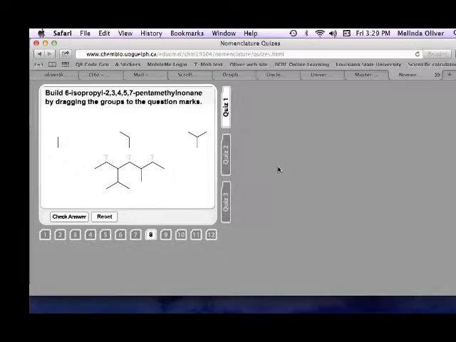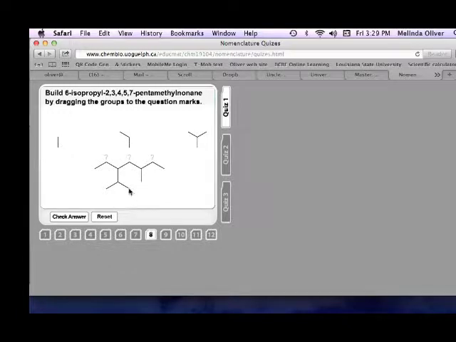All right, here's our next question. We want to build 6-isopropyl 2, 3, 4, 5, 7-pentamethyl nonane. So this one I've had to do a little bit of thinking on. This is one of the problems: we've got 1, 2, 3, 4, 5, 6, 7, so we don't even have our longest chain.